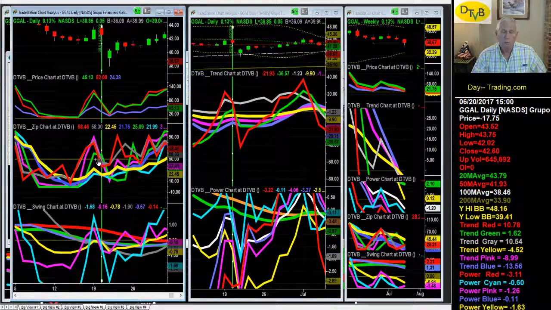Which means what? Because zip green tracks the trades in and out of the stock, or tracks the buyers in and out of the stock, however you want to think of it, the market force pressure lines, those quicker lines, are already telling us that it's going down, and so zip green is highest, indicating it's going down.